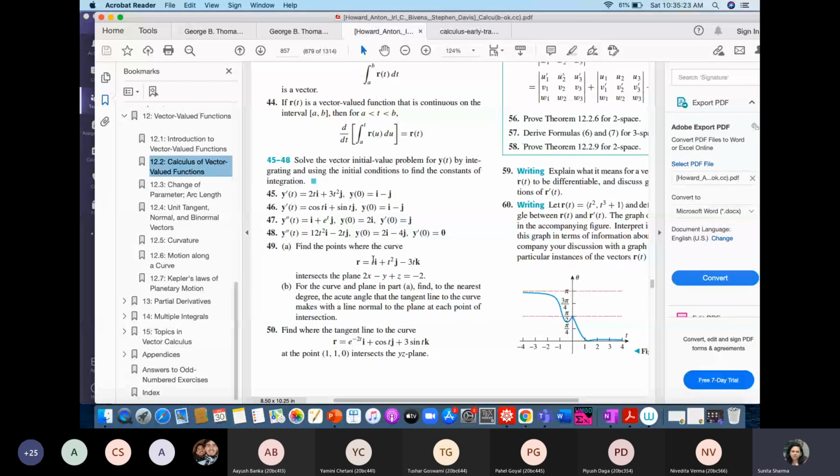So basically you have to find the value of t, and once you find the value of t, you can just put it here and you can get the point also. So for example, in this question, you have to find the point where this curve intersects this plane. Can somebody tell how we would proceed?